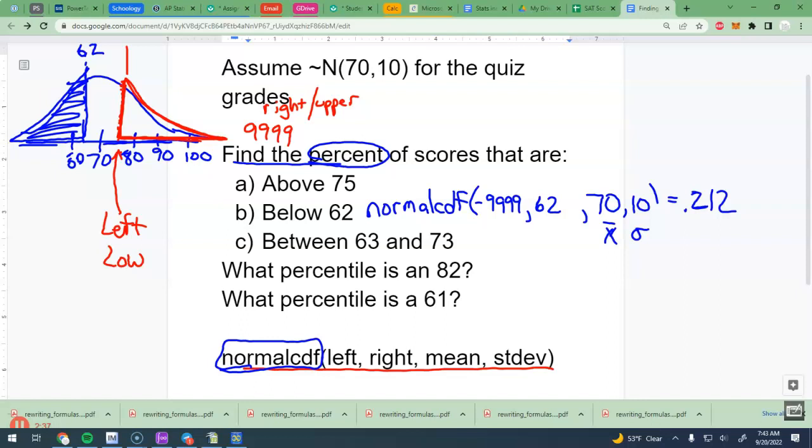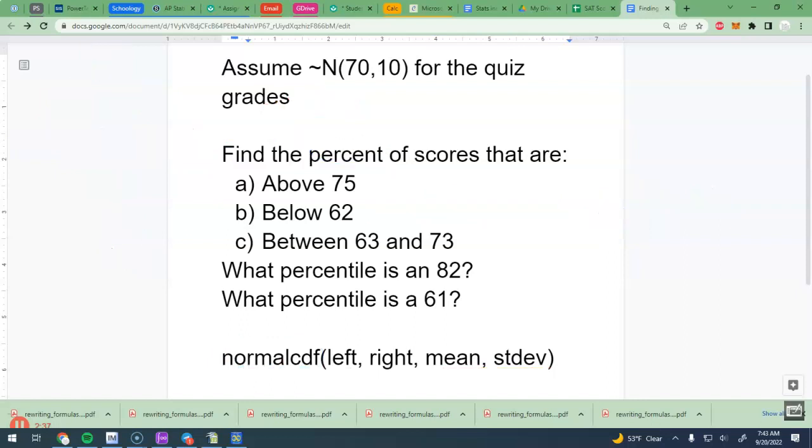Okay. For the third one, between 63 and 73. So I'm just redrawing. So 60 and 80. So 63 and 73 is probably like here. So I don't need any negative 999s or positive 999s this time. What's the left hand bound? 63, and what's the right hand bound? 73. So you're just typing those in.